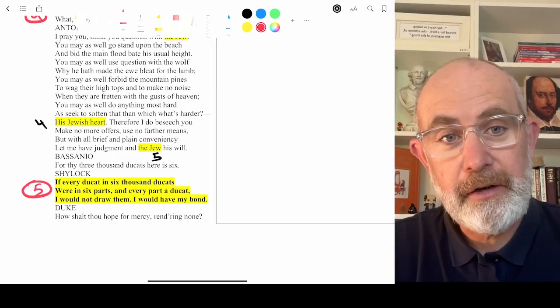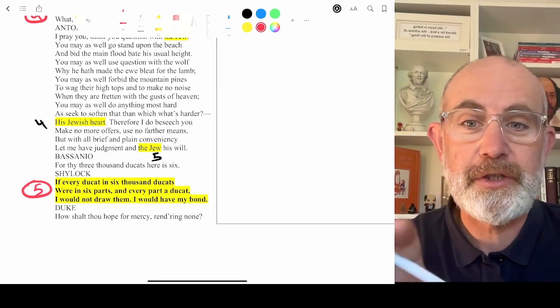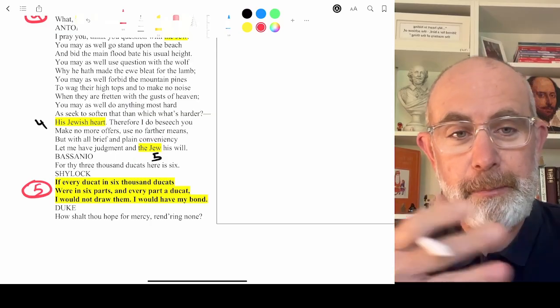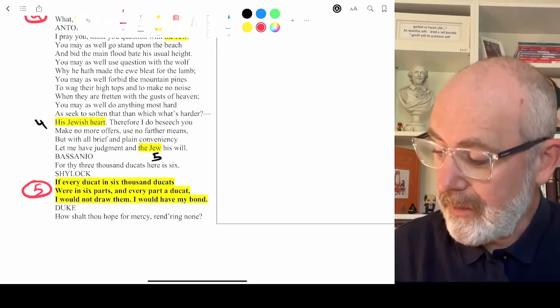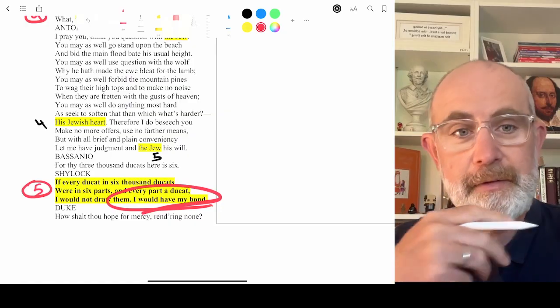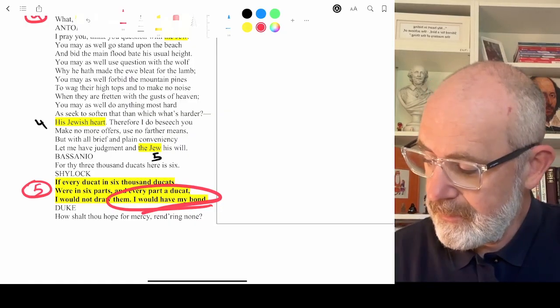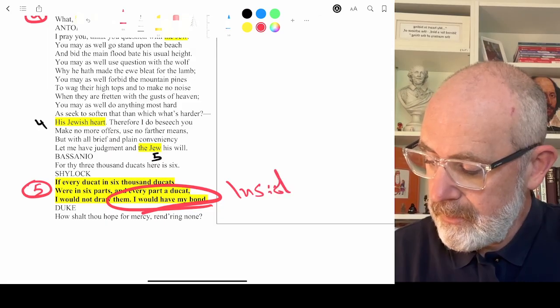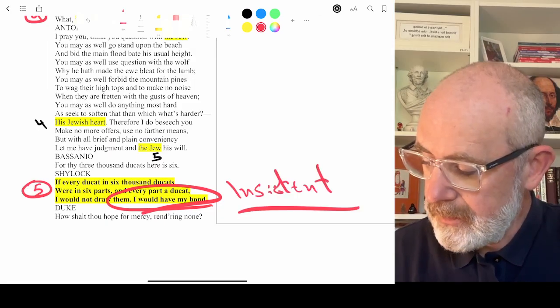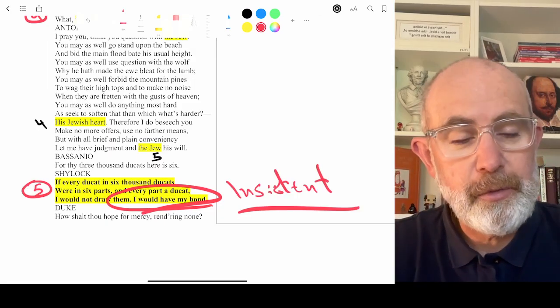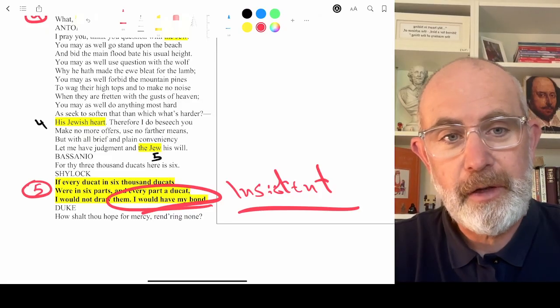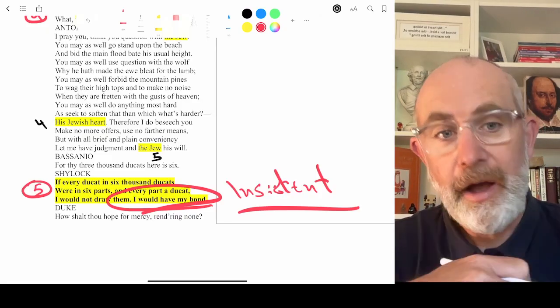Now, I know you're not going to learn all of that. I'd love you to. I love the flow of those words. Shakespeare's such a master of our language. The meter in those lines is beautiful. But look, if you just learned that, again, he's insistent. You can offer me all the money you want. You can offer to pay me the money I'm owed 10, 20, 30 times over. I don't care. I don't want it.